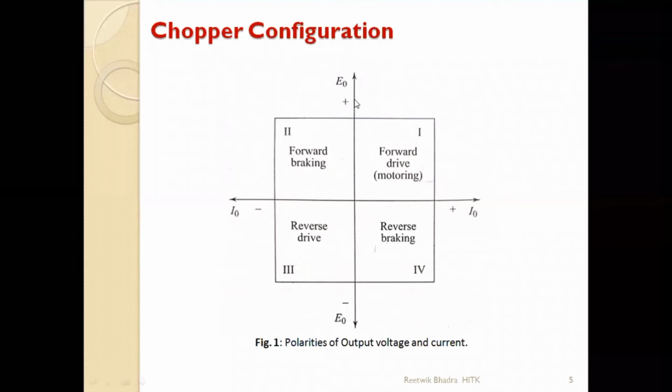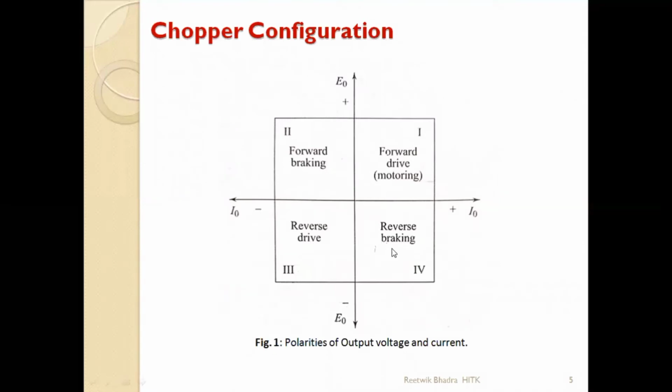But if you check the first and fourth quadrants, it is termed as forward. If you check the second and third quadrants, it is termed as reverse. Why reverse? Because our E naught is changing. If you remember how you change the direction of rotation of a DC motor, we change the armature voltage terminals. So the armature voltage terminal changes, and the voltage becomes negative.